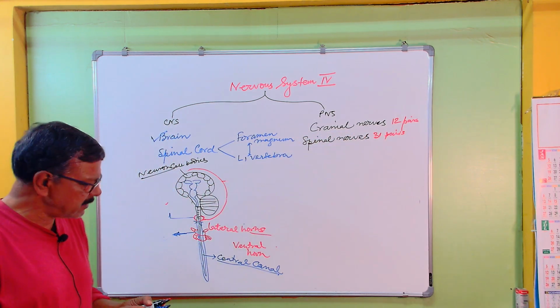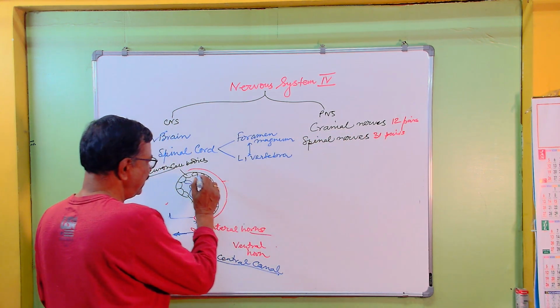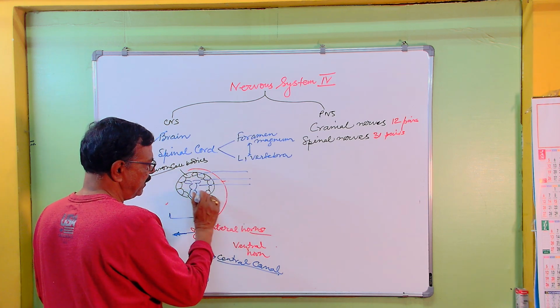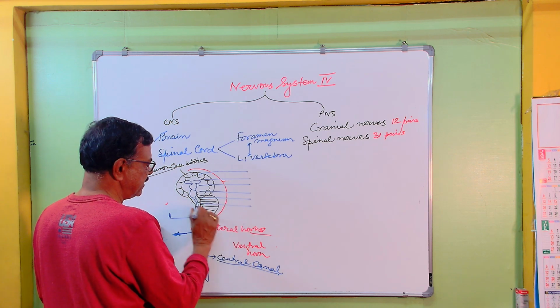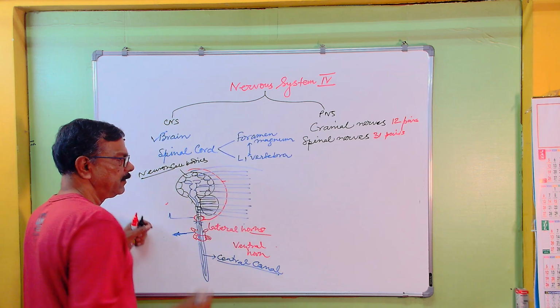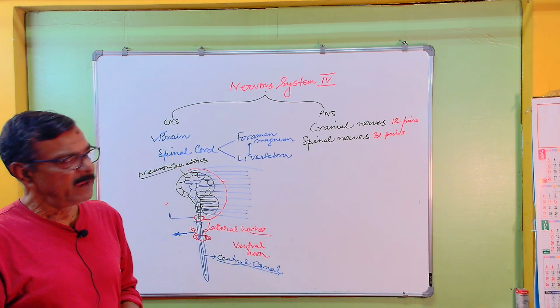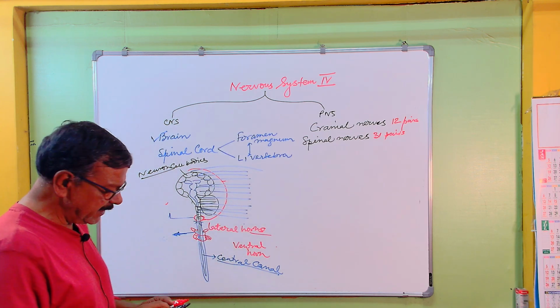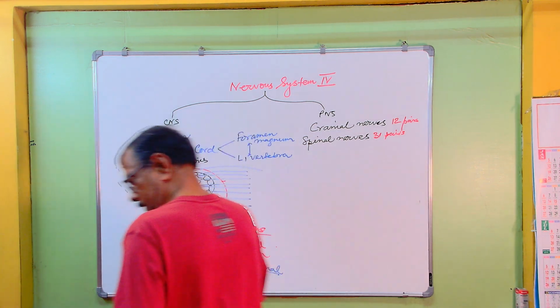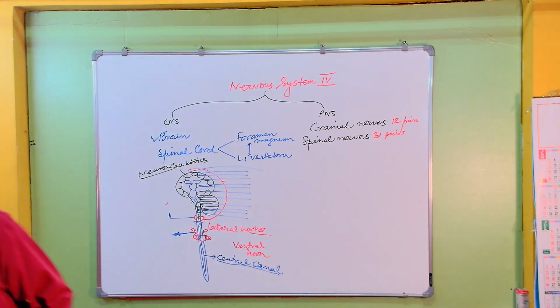There are 12 pairs of cranial nerves which come out from the brain. 1, 2, 3, 4, 5, 6, 7, 8, 9, 10, 11, 12. So there are 12 pairs of cranial nerves. Let me write it down.